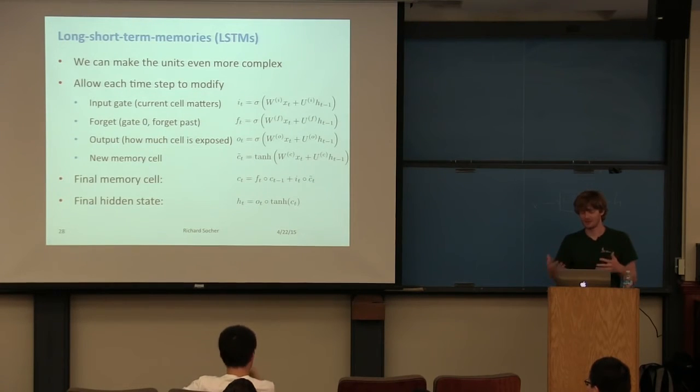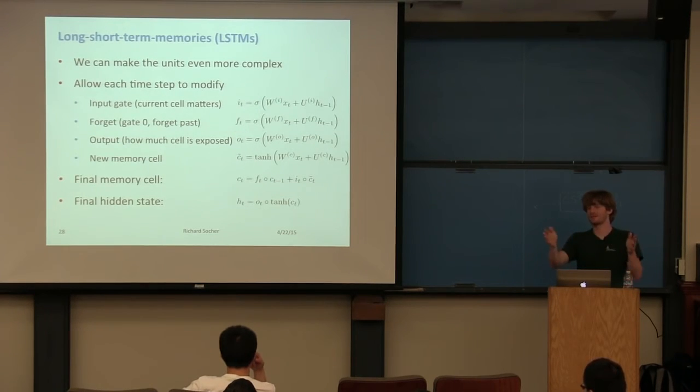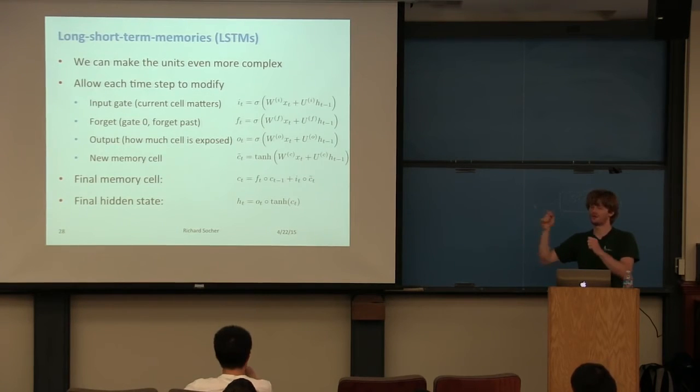I think a lot of the intuition here comes from the math, which is if you want to be able to keep track, you want to have a counter for the simple synthetic problem I just described earlier, where I give you A's and B's, and I want you at some point to say yes if I gave you exactly the same number of A's and B's, or no if they're slightly different.